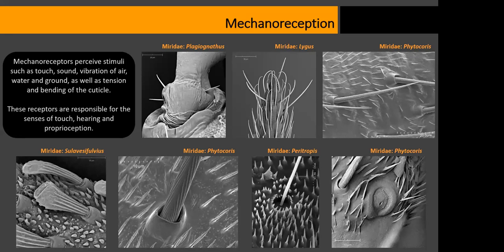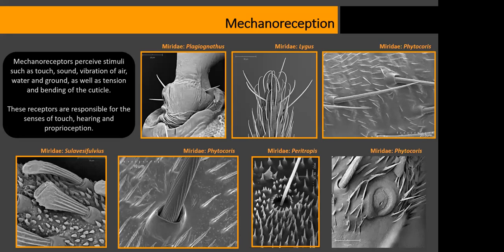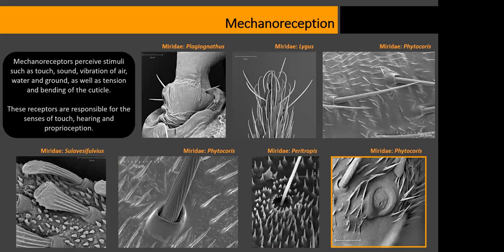Cuticular mechanoreceptors can be divided into two types: protruding hair-like sensilla with a flexible socket, and campaniform sensillum characterized by presence of a dome instead of an appendage. Flexible sockets allow for deflecting sensilla, which stimulates the dendrite.